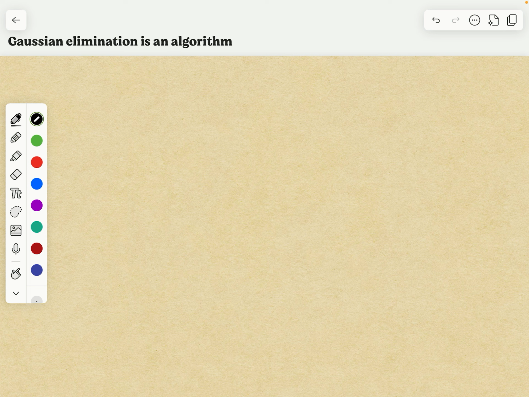For instance, let's say you wanted to solve this system. Negative x plus 4y equals 7, 9x minus 4y equals 9.